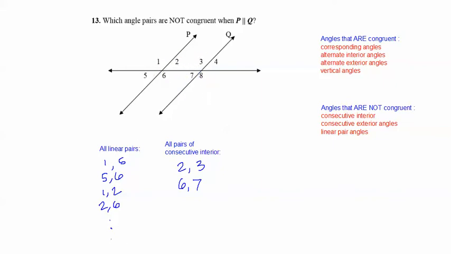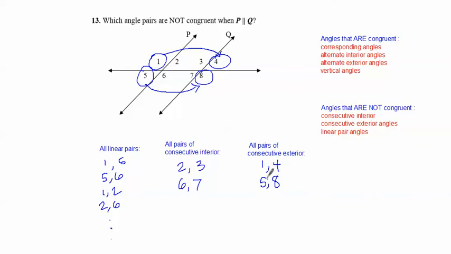And then consecutive exterior angles, which are the list of angles on the outside. This is an outside exterior angle. I need to find the very next outside angle, so I skip over the inside ones. So 1 and 4 are not congruent. And then 5 and the very next exterior one, so skipping over the interior ones, 5 and 8. Those should be all the pairs of angles that are not congruent.